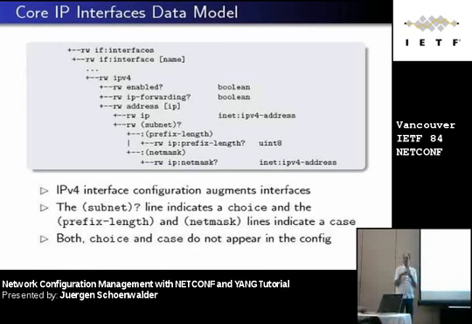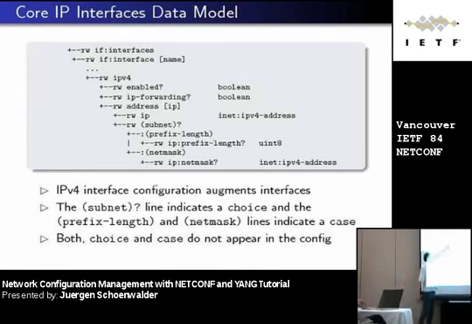What's happening here is we're making use of augment. We're augmenting IP configuration into the interface. So there's interfaces, and now there's the IPv4 subtree itself, with IPv4 enable, disable, forwarding, and so on, and a set of IP addresses.